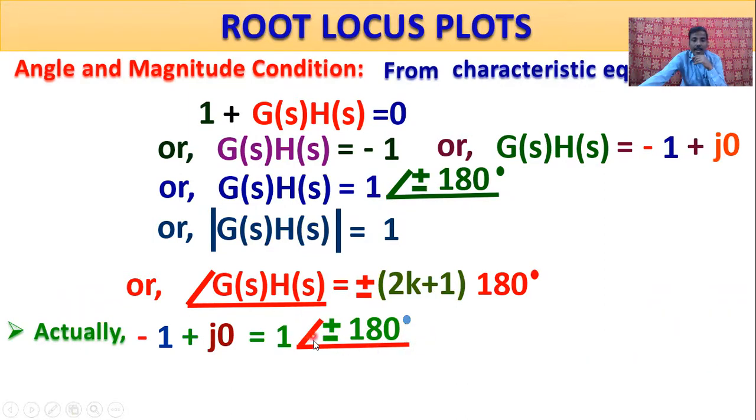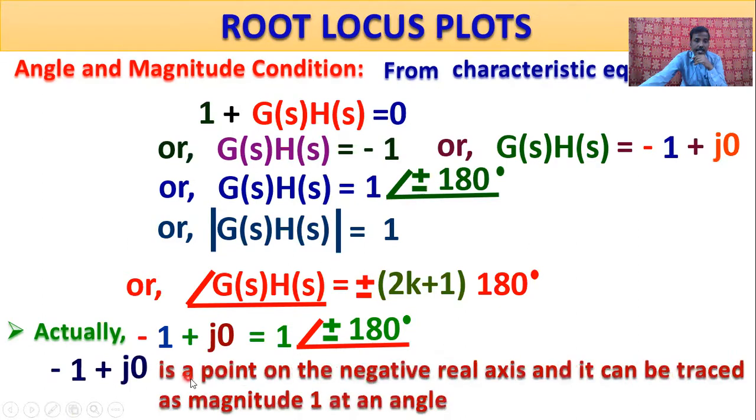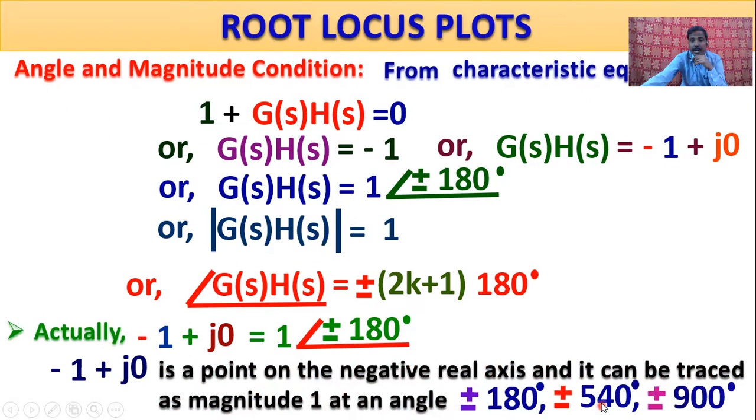Then -1 + j0 is a point on the negative real axis, and it can be traced as magnitude 1 at an angle of 180 degrees, 540 degrees, 900 degrees, etc. So this is the angle and magnitude condition, and the -1 + j0 point is called the critical point.